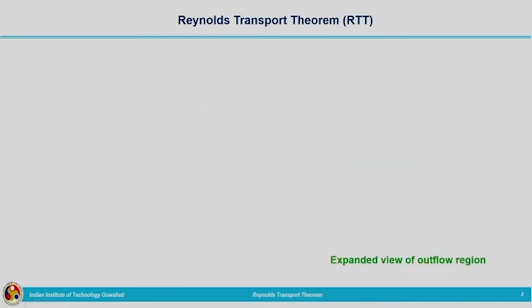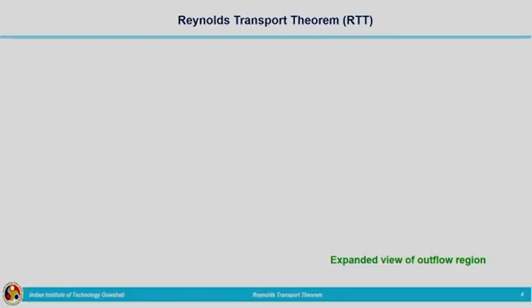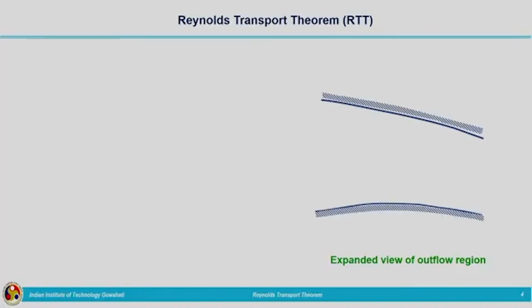Now, we are going to look at these control surfaces in a closer way. That is, let us see the expanded view of the outflow region first. This is our control volume that we have seen earlier, at time t equal to t and at all times.